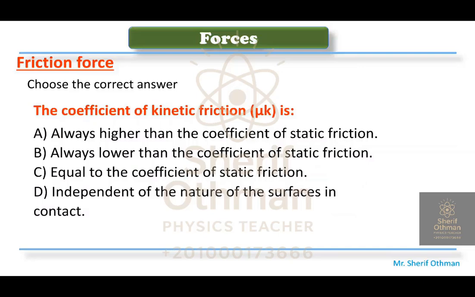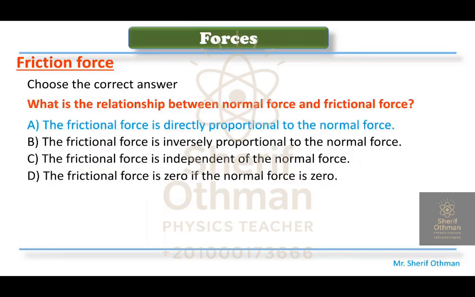The coefficient of kinetic friction, mu k, is lower than the coefficient of static friction. What is the relation between normal force and frictional force? The frictional force is directly proportional to the normal force. As the normal force increases, the weight of the object increases, so the friction force between the object and the surface also increases.